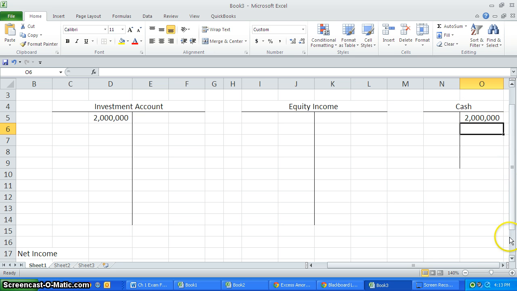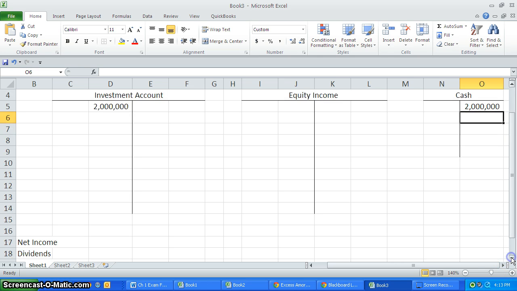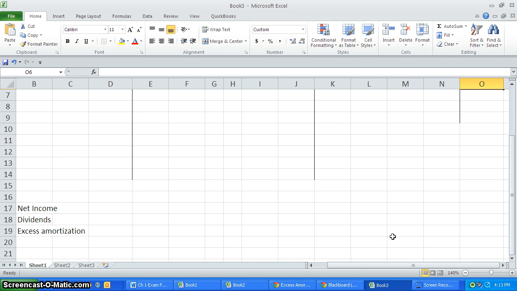Now we have to also include, because of our equity method close relationship with the subsidiary, that we're going to share in their income. For 2013, Robb Company was showing income of $300,000, and our percentage, of course, was 30%.